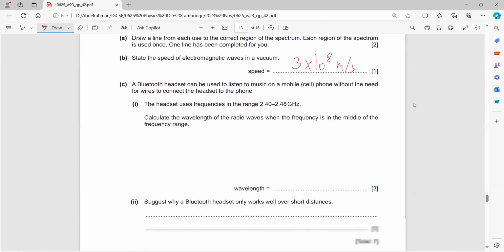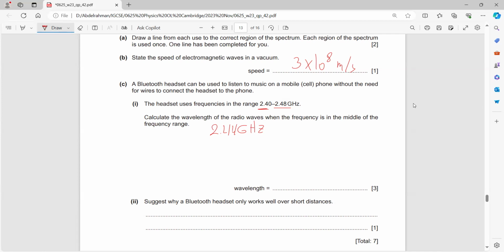A Bluetooth headset uses frequencies in the range of 2.4 to 2.48 gigahertz. Calculate the wavelength when the frequency is in the middle of the frequency range. So basically it's 2.44 gigahertz. How can I find the wavelength?